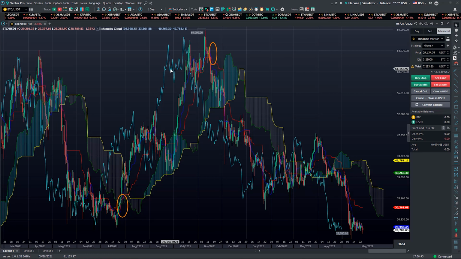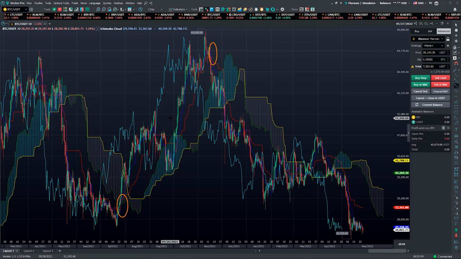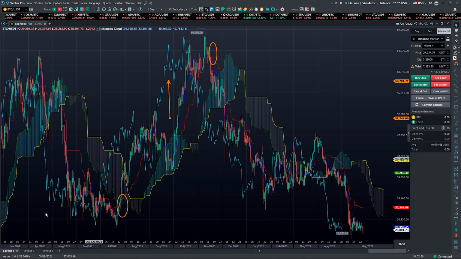This Chikou Span, which is represented by our light blue trend line, plots the price action of 26 periods behind the last closing price of any given asset and serves as a visual way to show the relationship between current and prior price trends, as well as to give us insight into trend reversal signals. When our Chikou Span trend line is far above the current price action, like here for example, it indicates a bullish market sentiment.